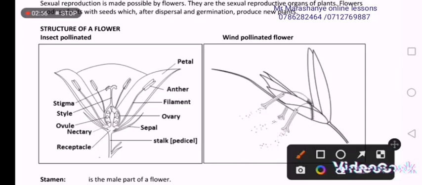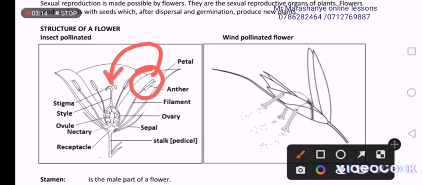The movement of pollen grains from this anther to this part called the stigma, that transfer, that movement, is called pollination.